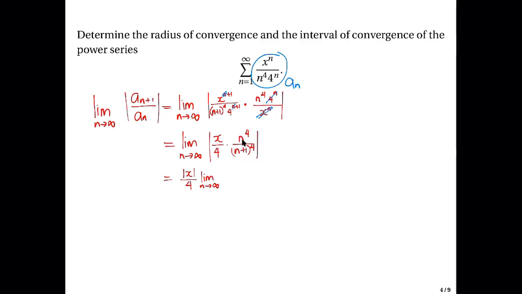And since you are taking positive values for n, you can just remove the absolute value for this part. So you will get n to the 4 over n plus 1 to the 4, which you can also write as n over n plus 1, raised to the 4.